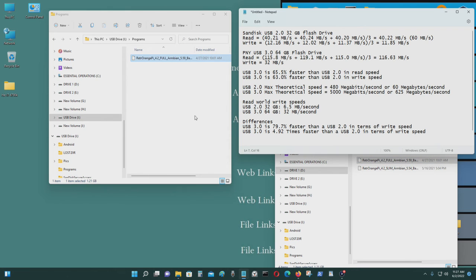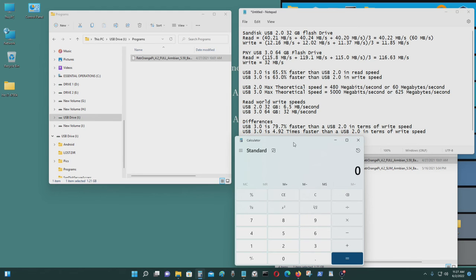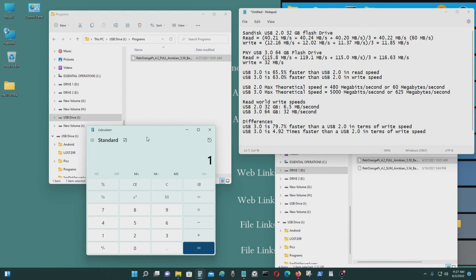So now it's done. That 1.21 gigabyte file was transferred. 1 gigabyte is 1,000 megabytes, right?